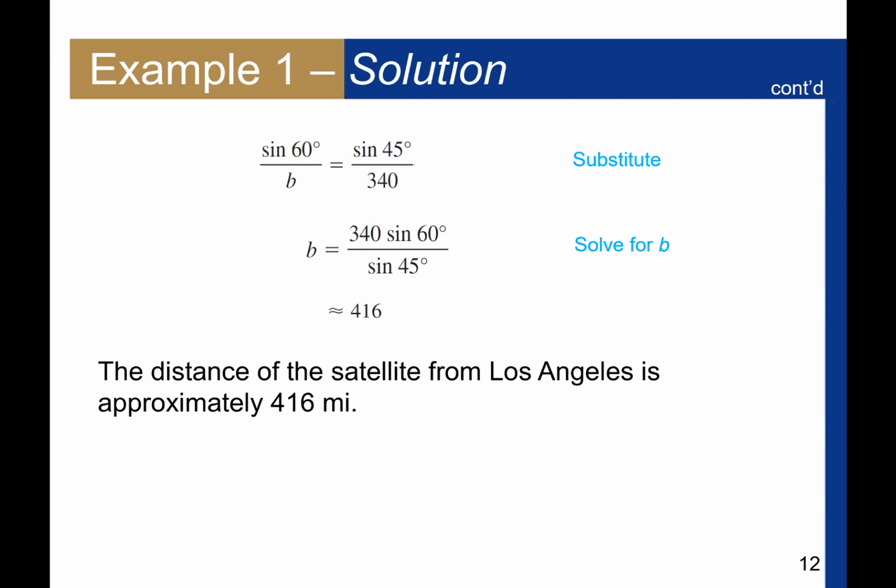Just round to the nearest mile. So at that one point in time, when the satellite was passing overhead, creating these two angles, the distance from that satellite to the observation station in LA was approximately 416 miles away.